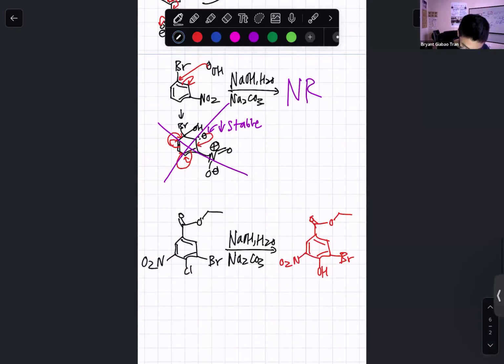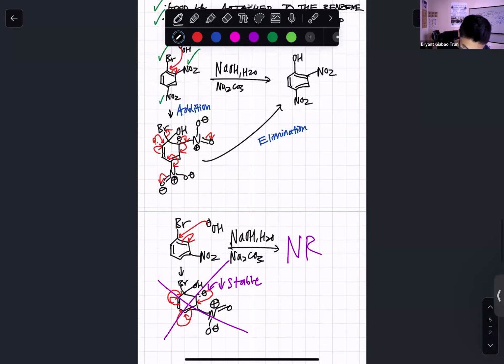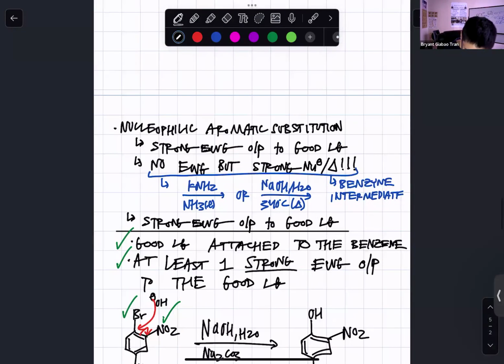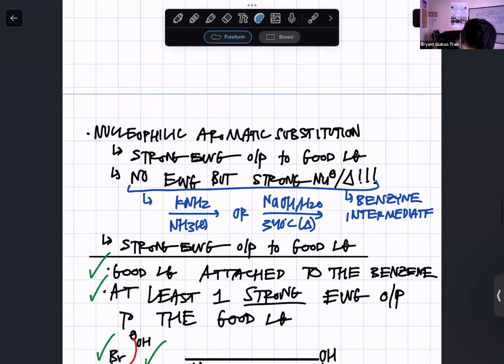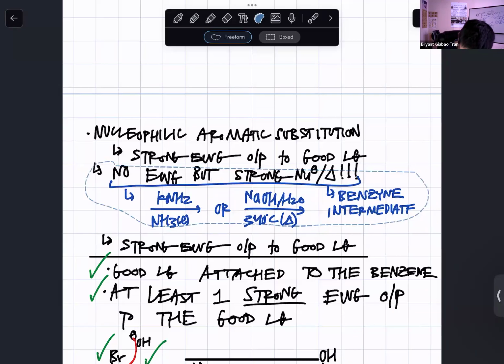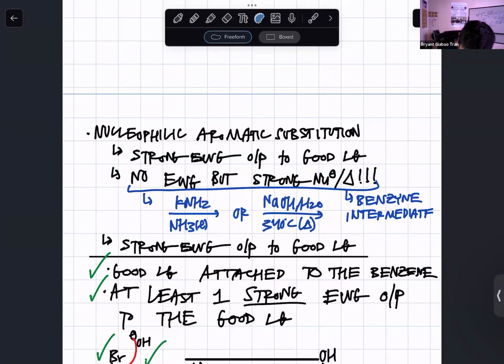So let's go on to the other half of nucleophilic aromatic substitution with no EWG, but we have extreme conditions like a strong nucleophile or high heat.